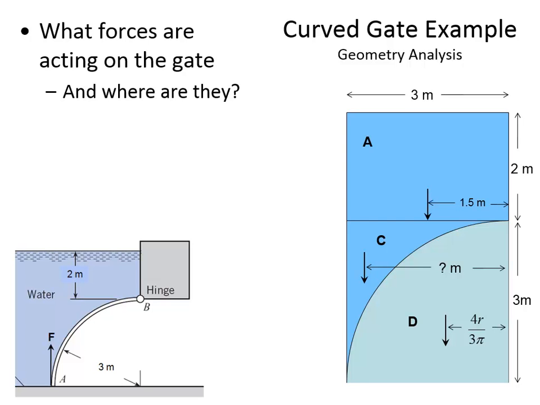Now the location of the force, anybody have the formula for YCP memorized yet? YCP equals Y bar plus I over Y bar A. Good. That's exactly right.